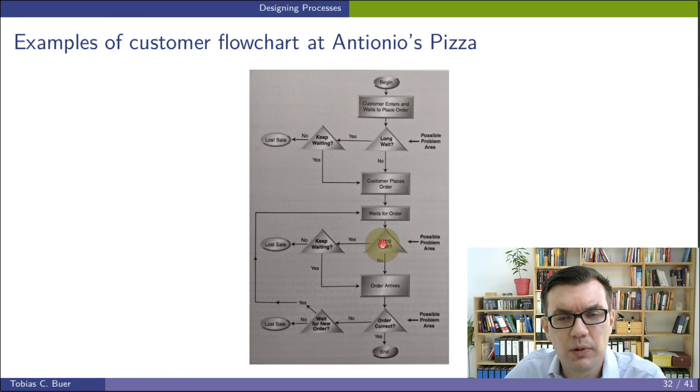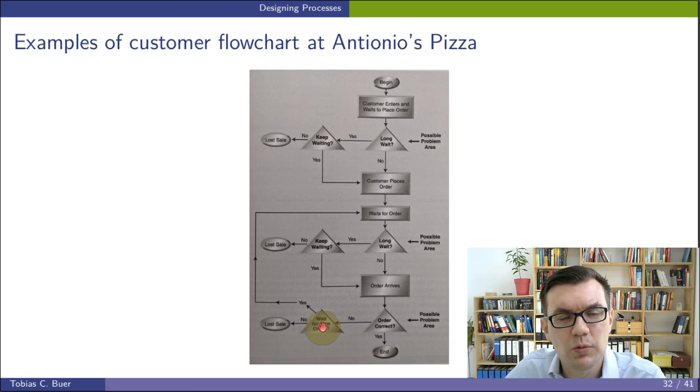However, again, if the waiting time is too long, it might lead to a lost sale. And maybe if the order is incorrect, we bring something else than ordered, then we have to try to make up for this mistake, and a new order is placed, and we start the whole procedure again.